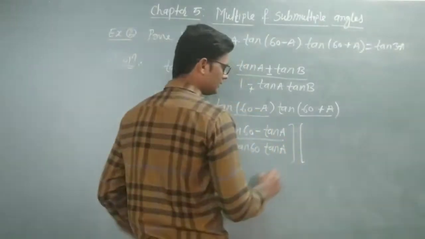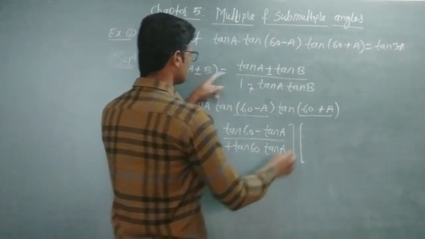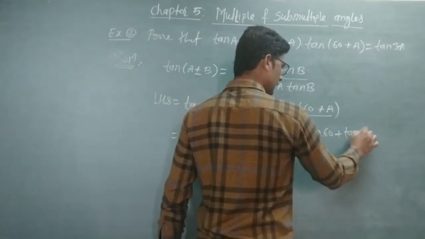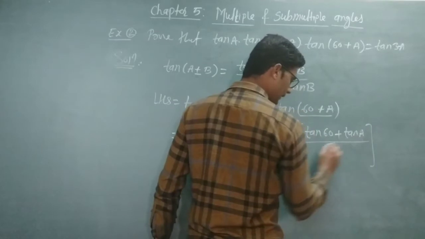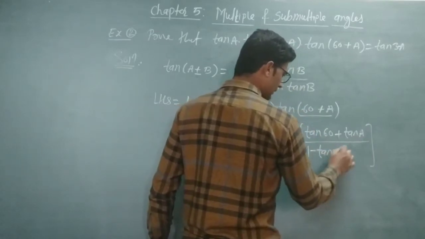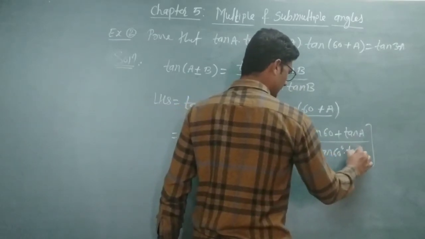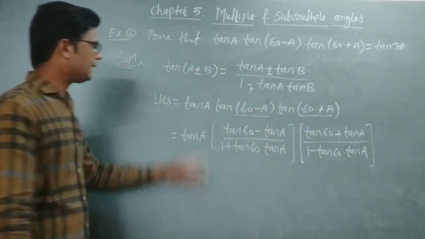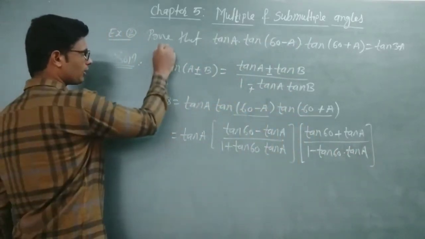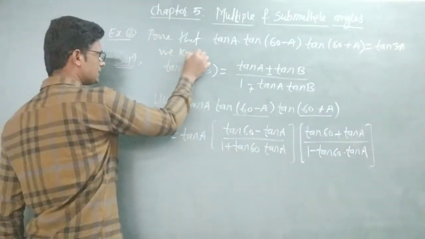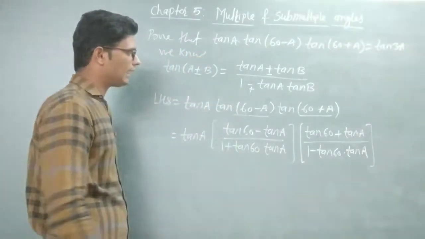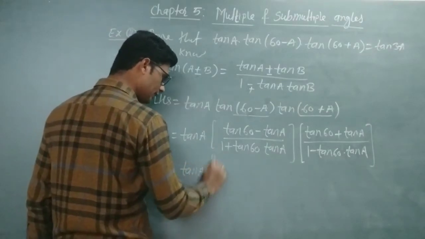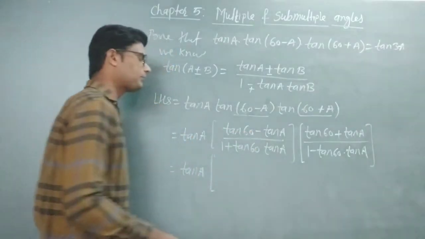Similarly, here tan 60 plus A, so tan 60 plus tan A divided by 1 minus tan 60 into tan A. Okay. So I apply these two results, the formula tan A plus B and A minus B. So here tan A into, what is tan 60?